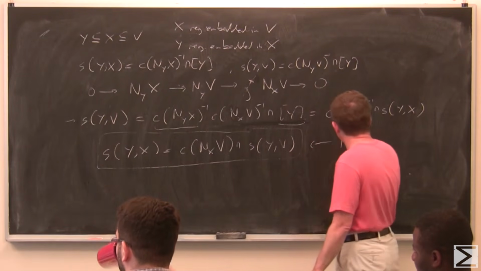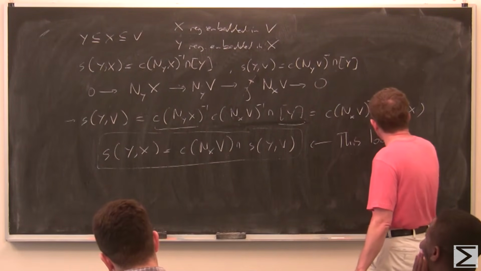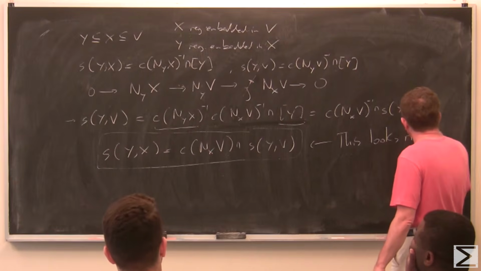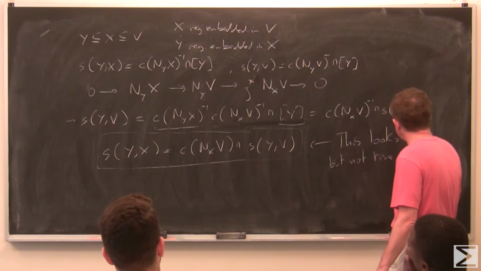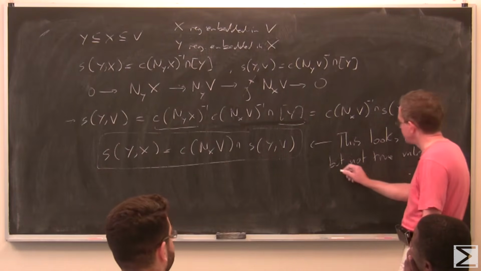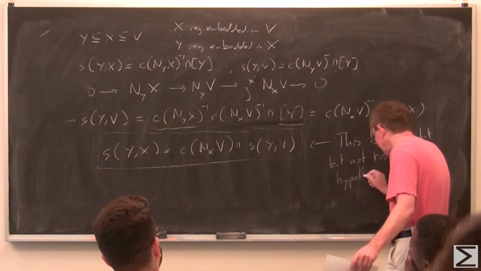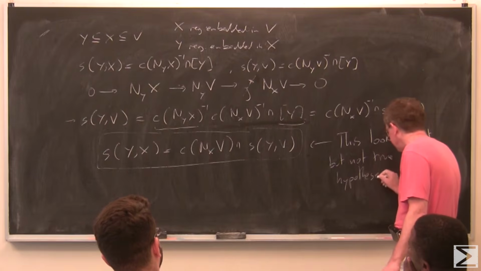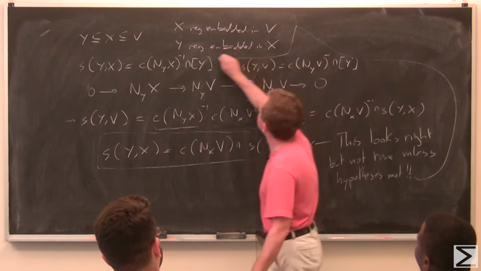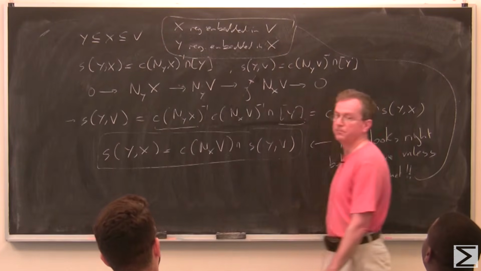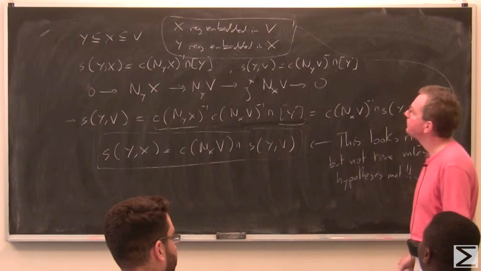So this looks right, but not true unless the hypotheses are met, which is not surprising, I guess. In particular, you didn't say that X and Y were smooth, right?